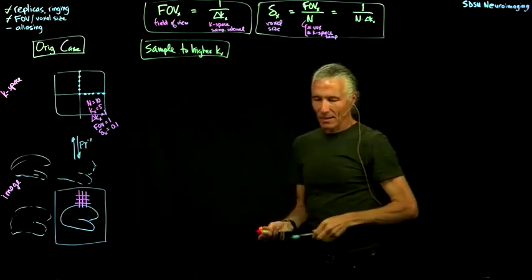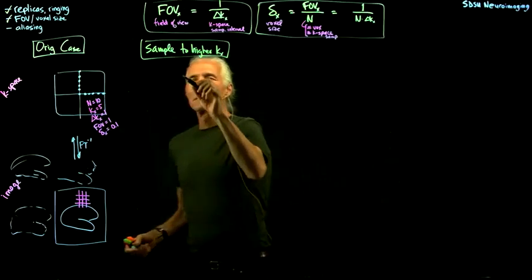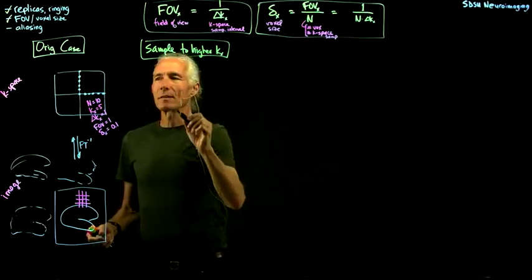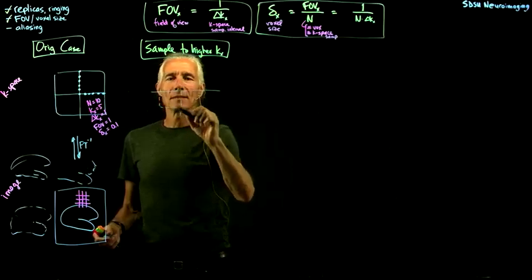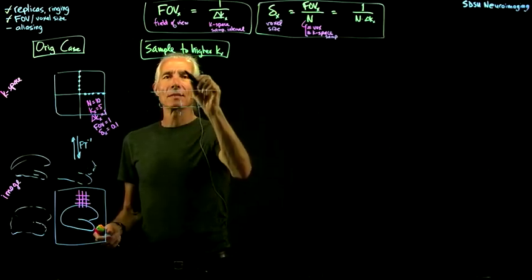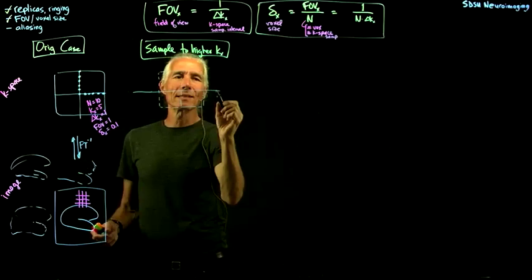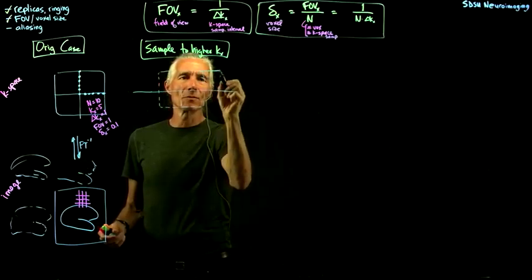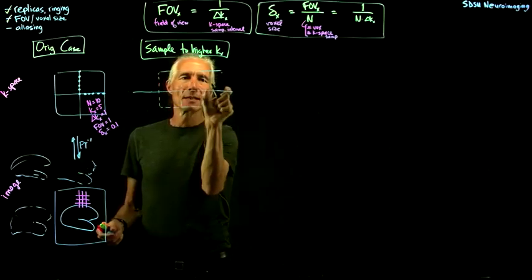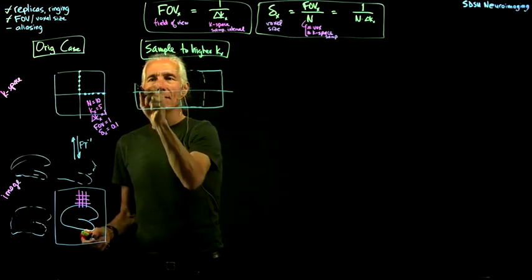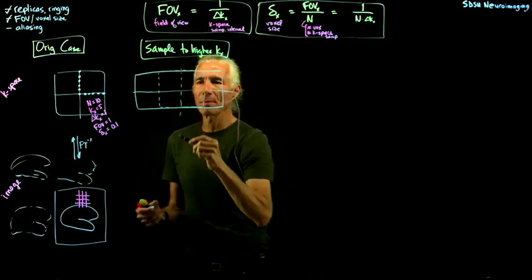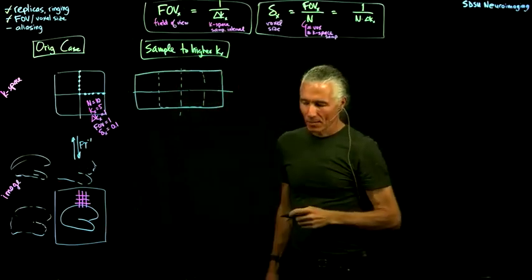So what does that look like? Here's our original k-space. Say we sample out to twice as high a spatial frequency, going out another distance like that, but keep the same number of sampling points. So what does that look like?